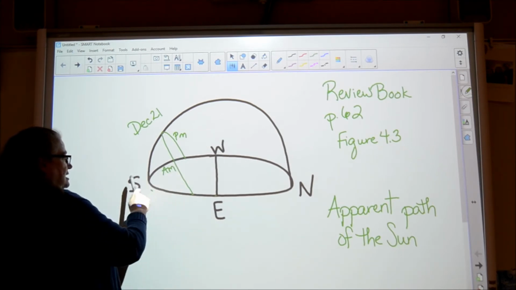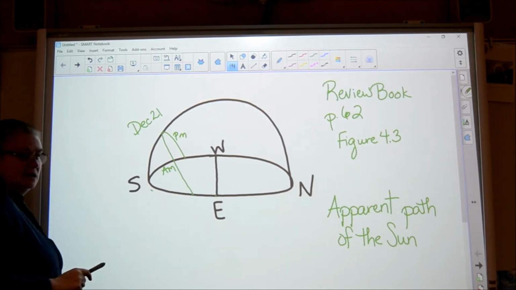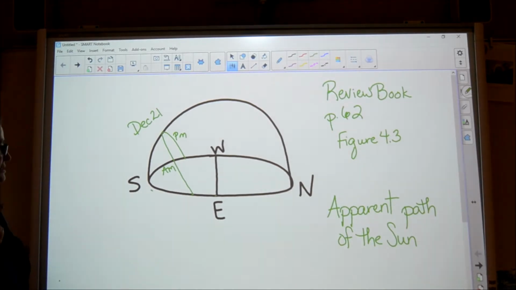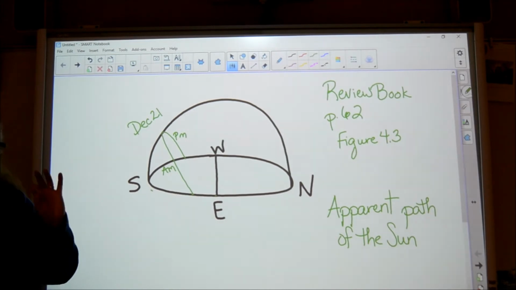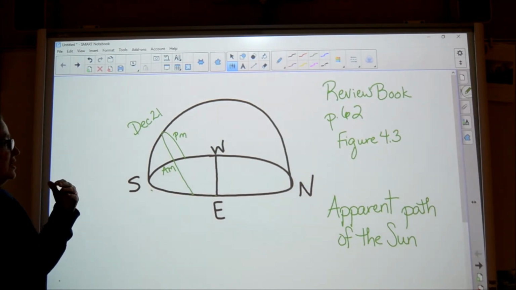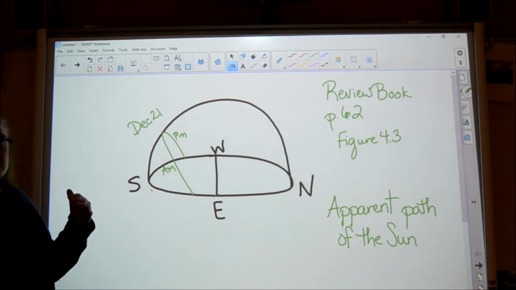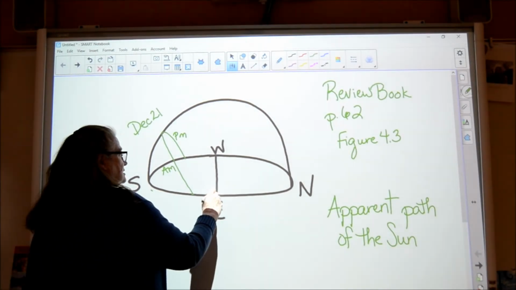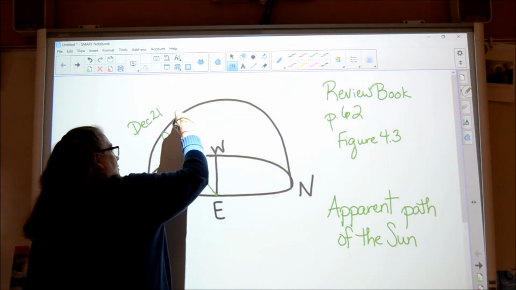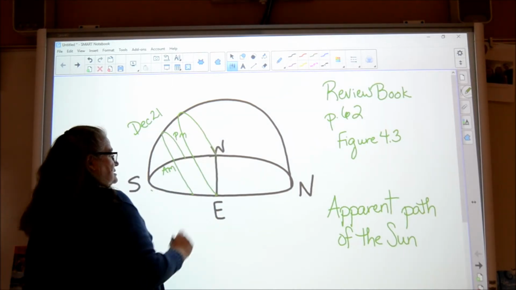setting south of west. Now, if I'm coming into my equinoxes, be it the vernal equinox, which is March 20th, 21st, or if it's the autumnal equinox, September 22nd, 23rd, it's rising on the east, and it's setting on the west.